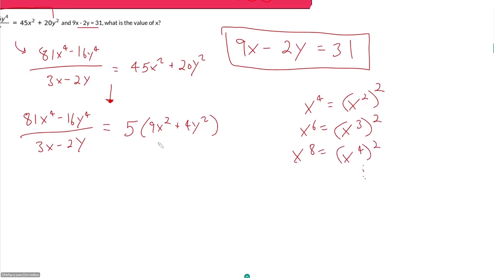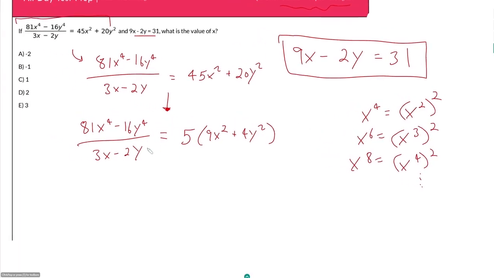If we're trying to extract a difference of squares from here, it would be in this format: a squared minus b squared, which means our a squared is 81x to the fourth, and therefore our a is the square root of this, 9x squared. Our b squared is 16y to the fourth, therefore our b is 4y squared.